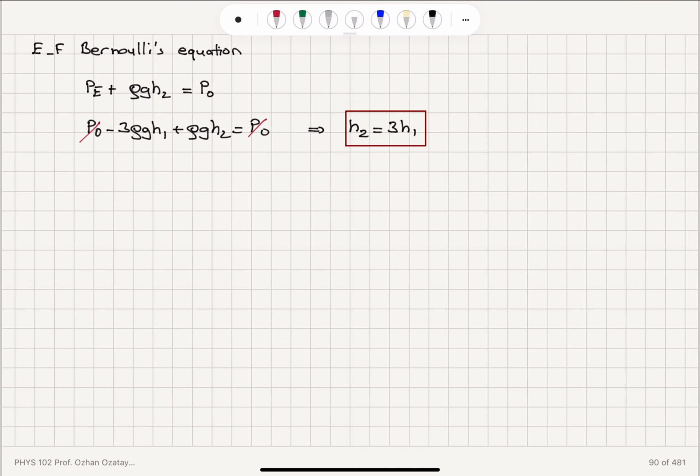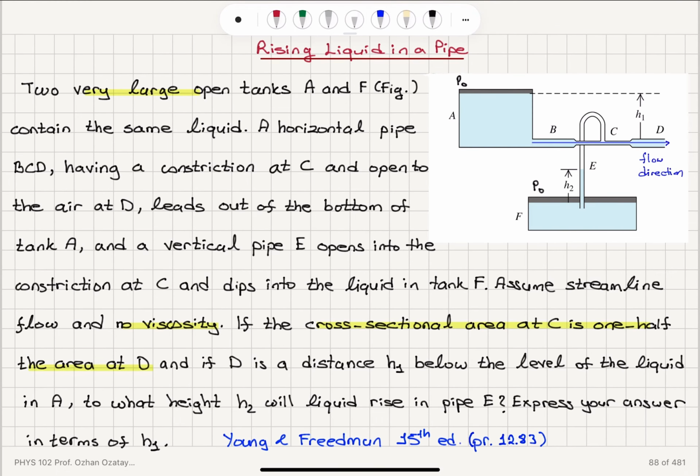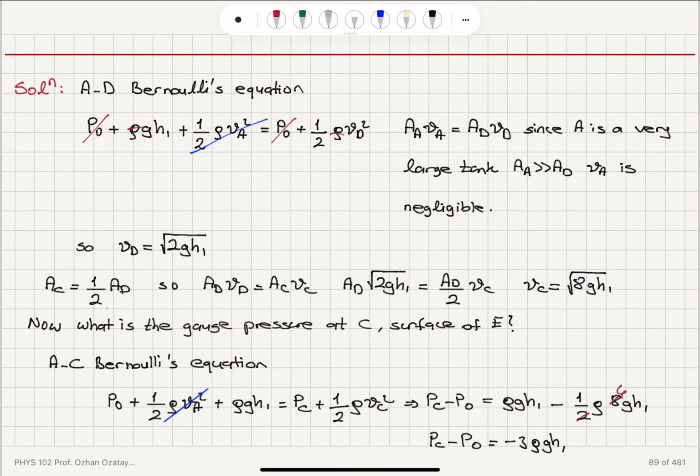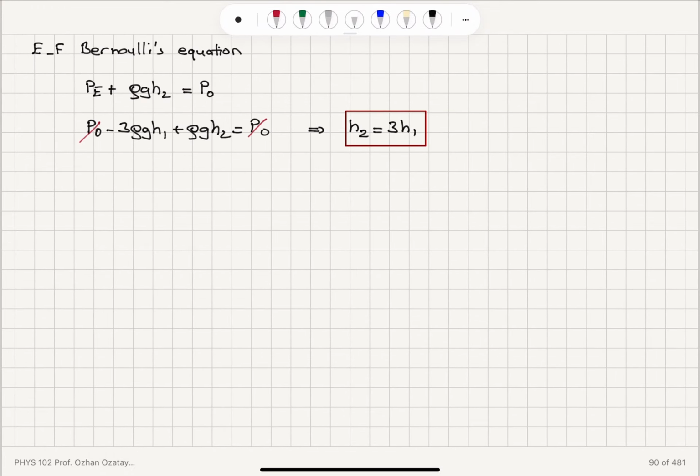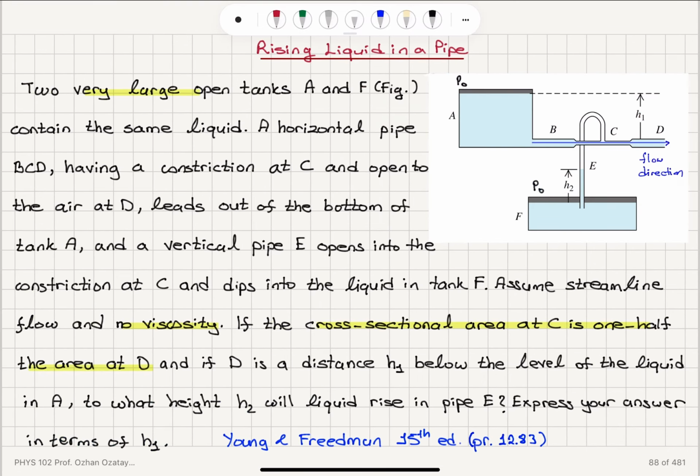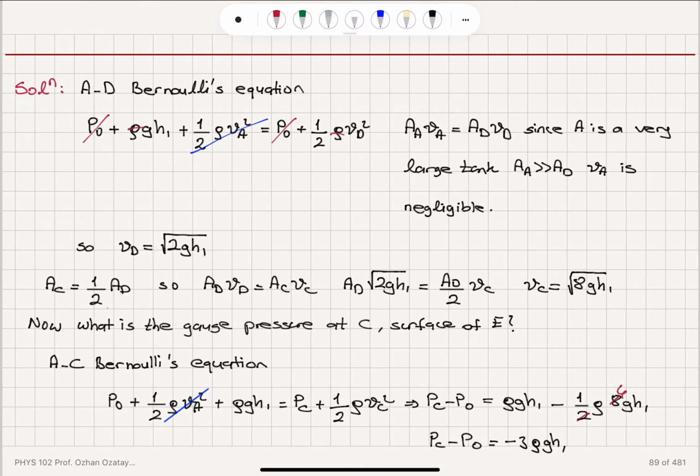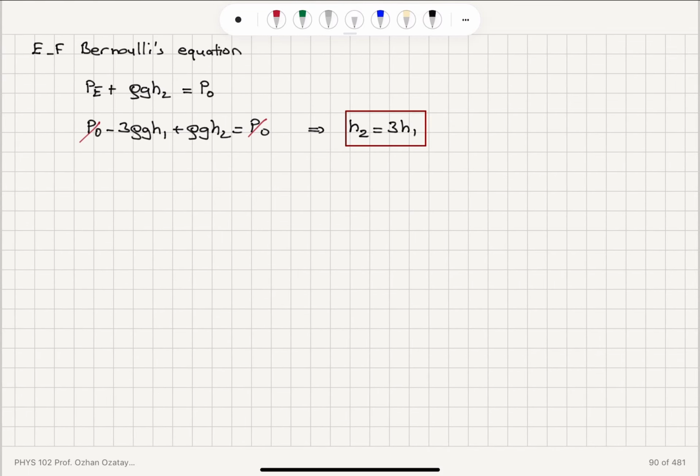And then I wrote Bernoulli's equation between E and F, the pipe E and tank F. I have the gauge pressure here, PC or PE, which is P0 minus 3 rho GH1. Then I have the potential energy term, rho GH2. Here I have outside pressure P0. This is at equilibrium, no motion in tank F. So the P0s cancel and I find H2 to be 3H1.